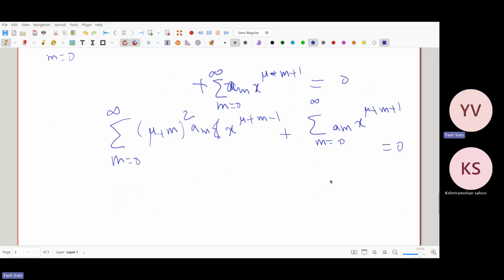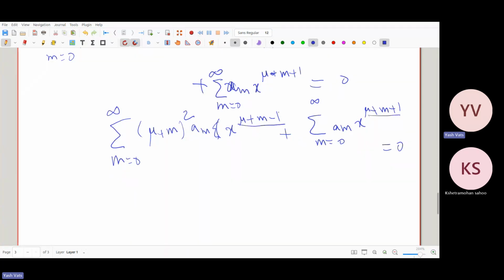So you got these two series in this case, and you have to see that if you put m equals 0, you get x to the power mu minus 1, and in the other x to the power mu plus 1. So you need to shift so that the indices of x are the same. You have to replace m by something which gives you the same indices.